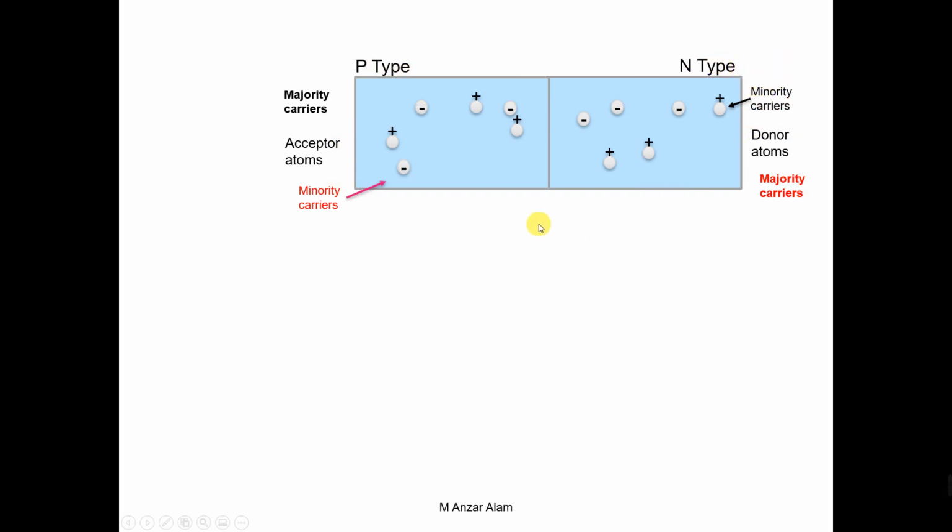But at room temperature, we can find some free electrons and holes, as we have seen many times. The p-type material has minority carriers as free electrons. And remember, these plus holes are the minority carriers for the n-type material.